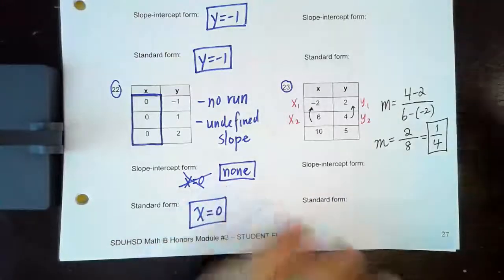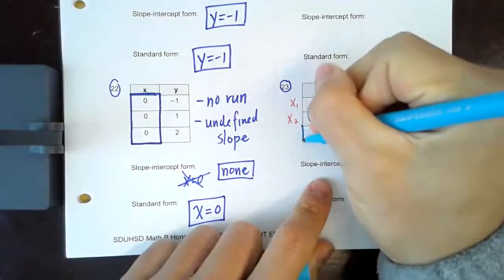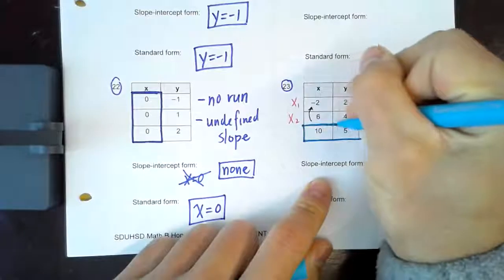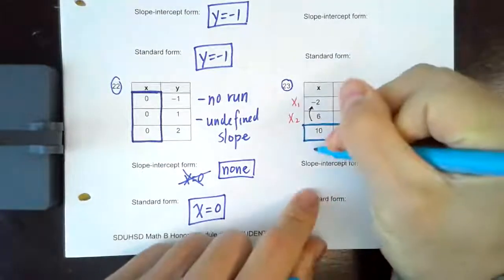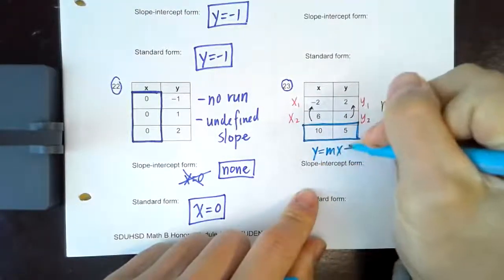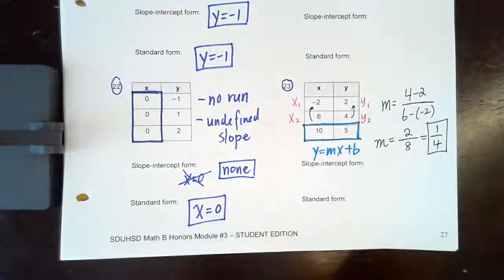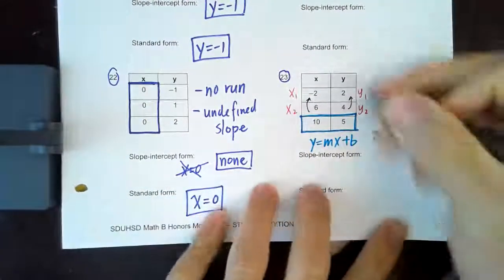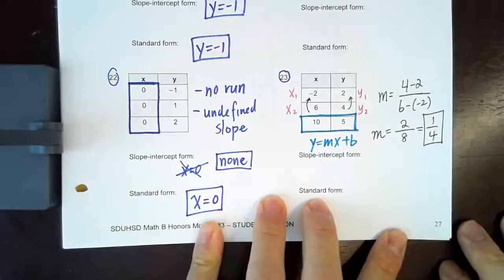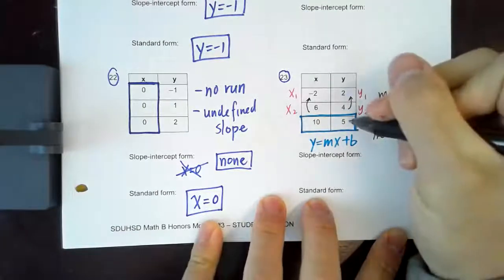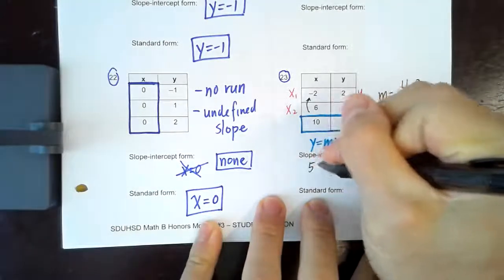Okay, so I calculate the slope. It's 1/4. And now, just for fun, because I haven't used the bottom point, I'm going to use the bottom point and plug into my y equals mx plus b equation, right? The only missing piece that we need to solve for is our b value.